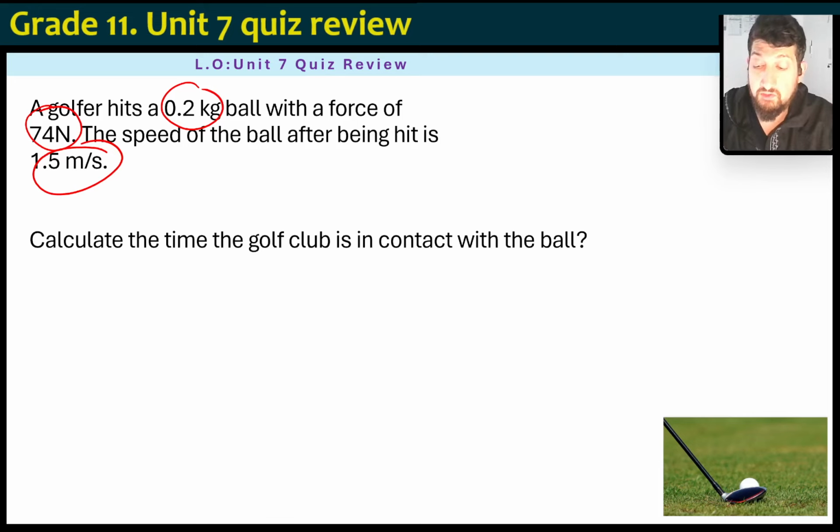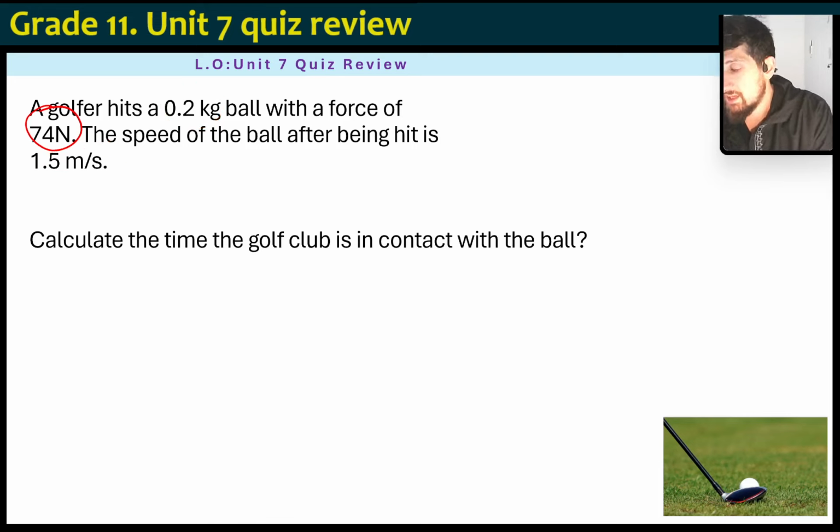Well, the momentum before is going to be 0 because the ball is just sitting on the grass and then the golfer hits it. So therefore, the change in momentum is equal to momentum after.